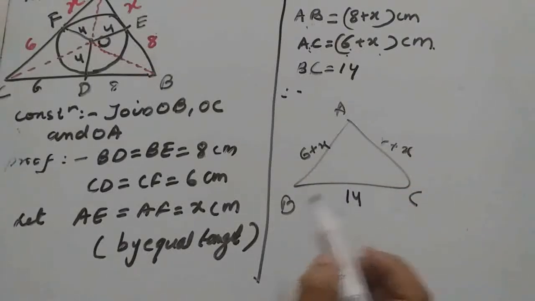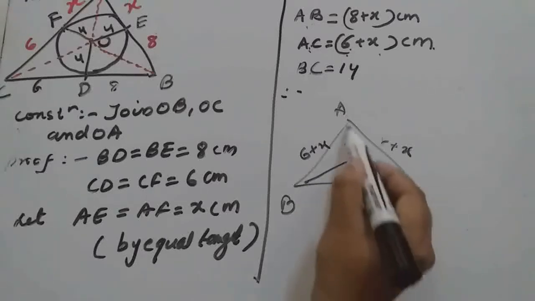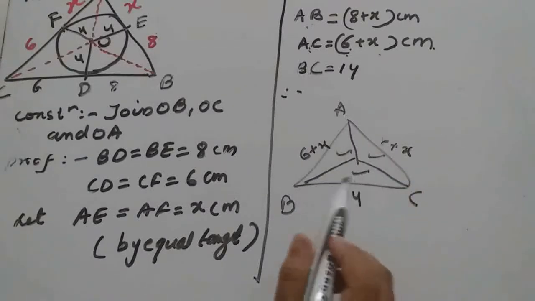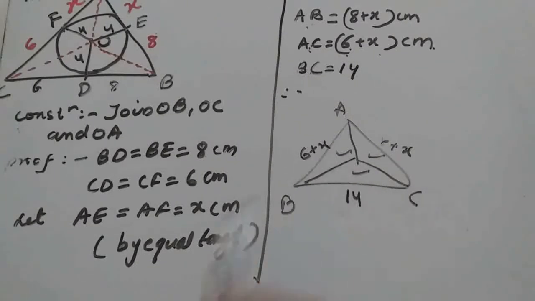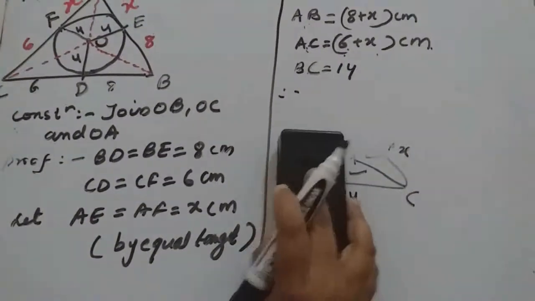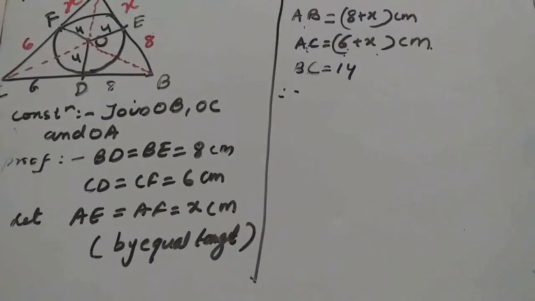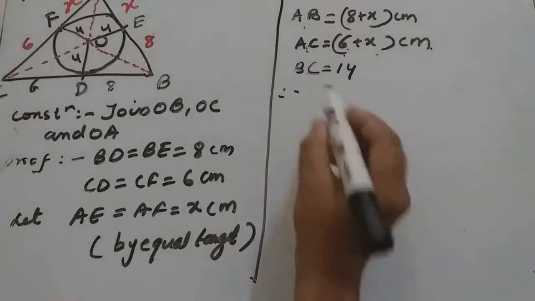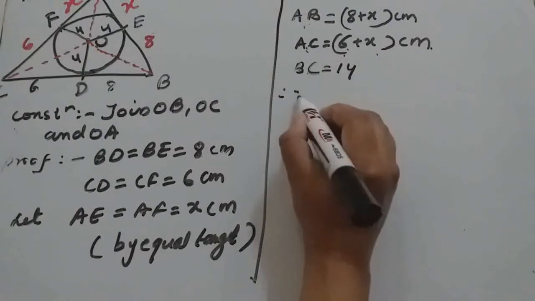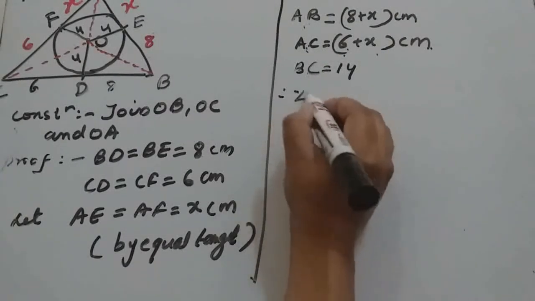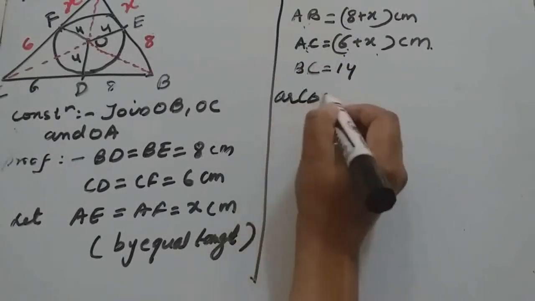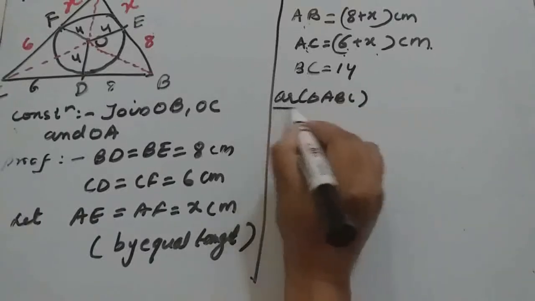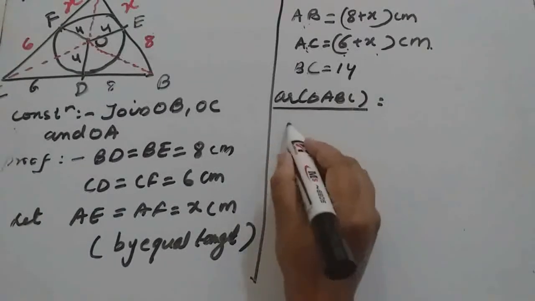Since the triangle is divided into 3 triangles, by another method we can also find the area by adding the areas of the 3 triangles separately. Both areas should be equal because they are the area of the same triangle. So first we find the area of triangle ABC by Heron's formula.